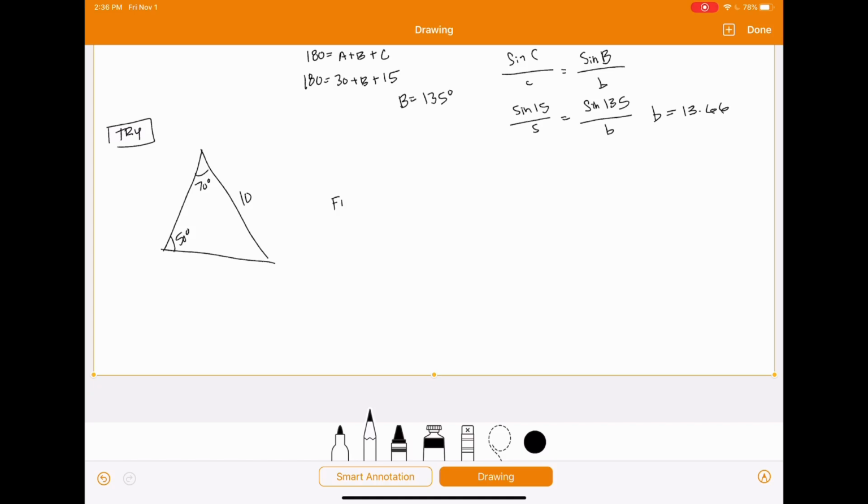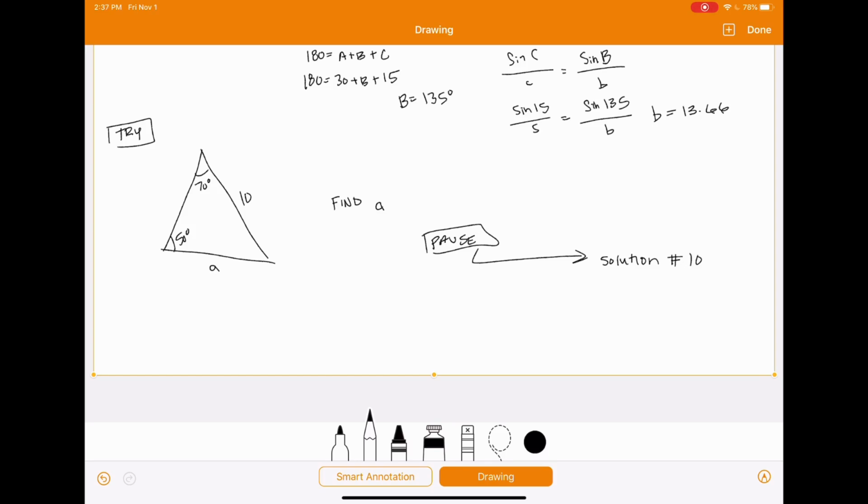Let's say this is side A, find A. So go ahead and pause your video now. You'll find your solution as number 10 of the PDF.